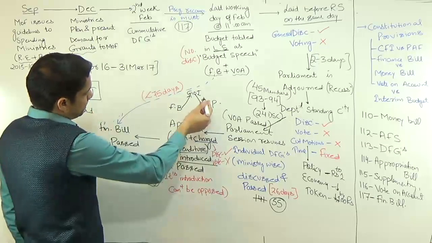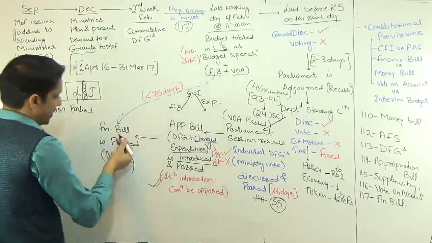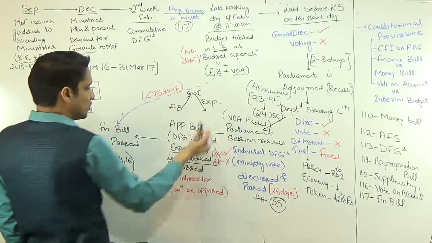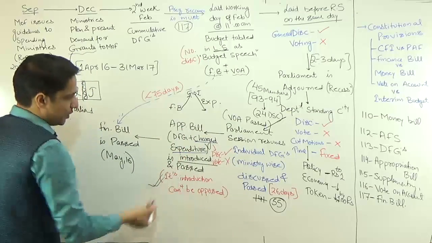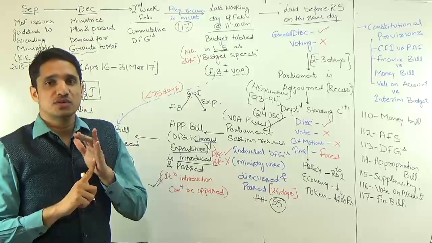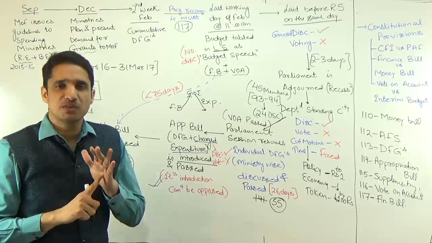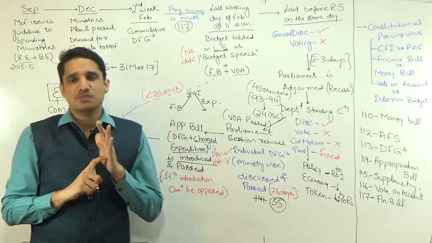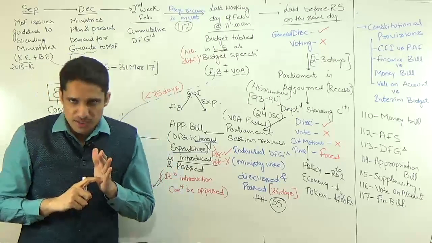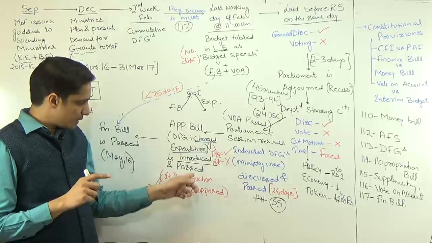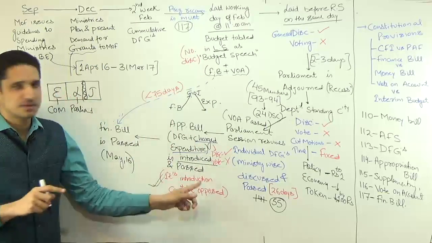So once the appropriation bill is passed, the finance bill is passed. But the finance bill is introduced before the appropriation bill is introduced. Once again, the finance bill is introduced before the appropriation bill is introduced, but the appropriation bill is passed before the finance bill is passed.